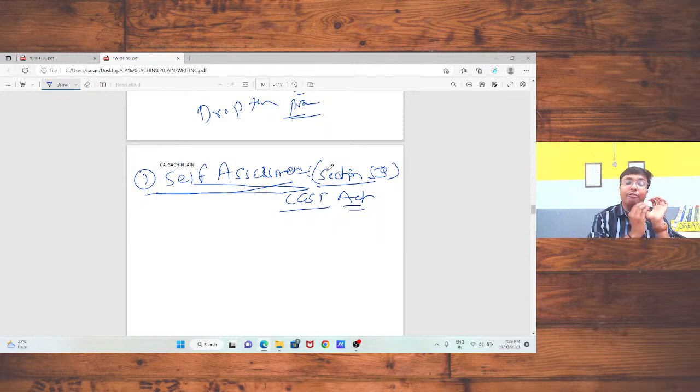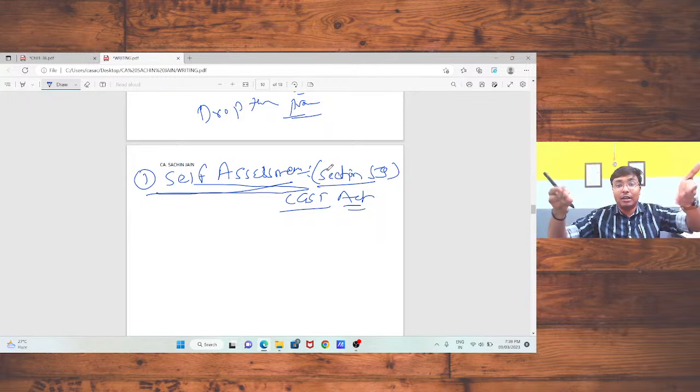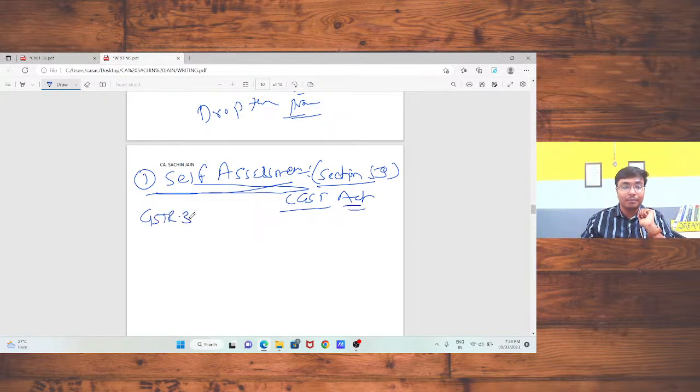Sir, the form in which we file the output tax, or in which we take the input tax credit, is your GSTR 3B return. So whenever one files the GSTR 3B return, he is doing the self assessment.